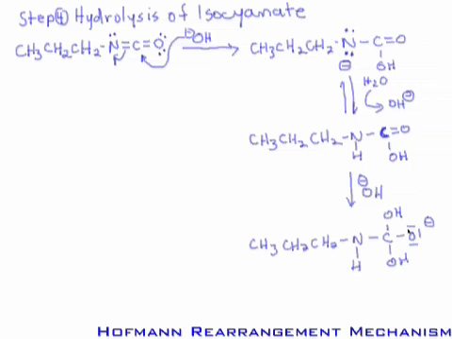Of course, we see we're set up with several leaving groups. We could reform the pi bond, kicking out hydroxide, but we also could kick out the amide here. If we do that, we reform the pi bond.